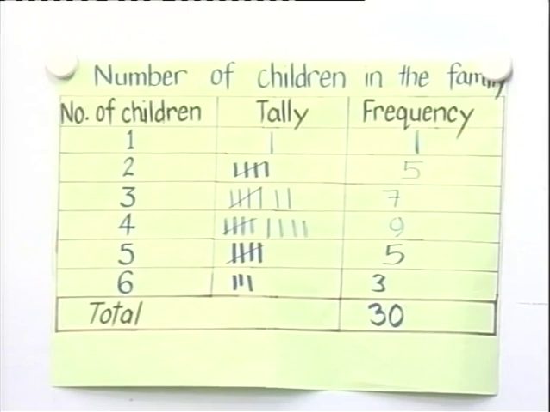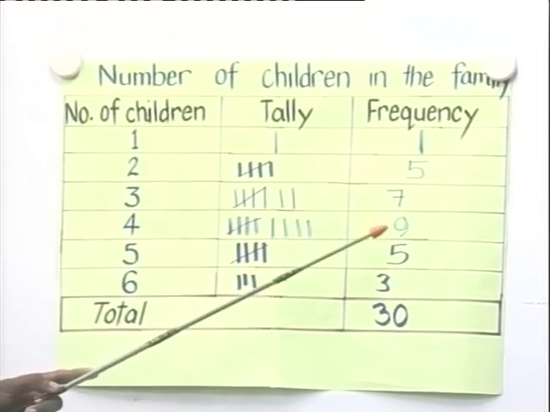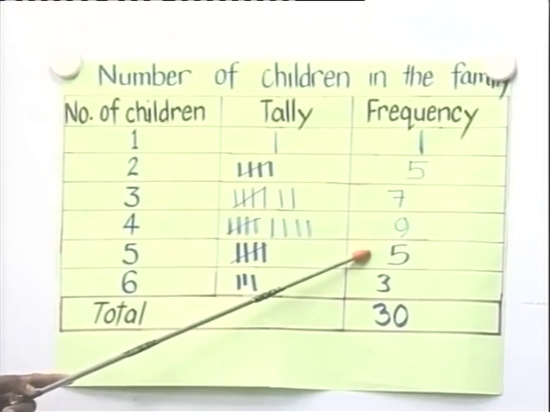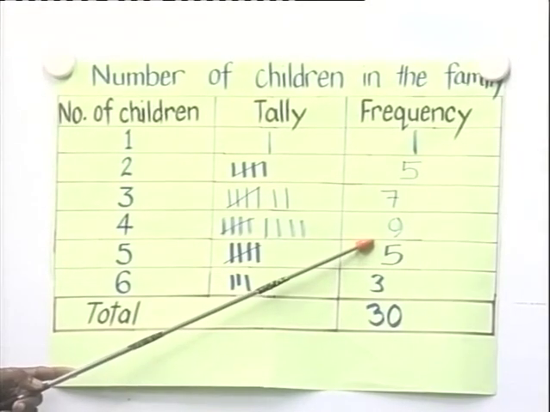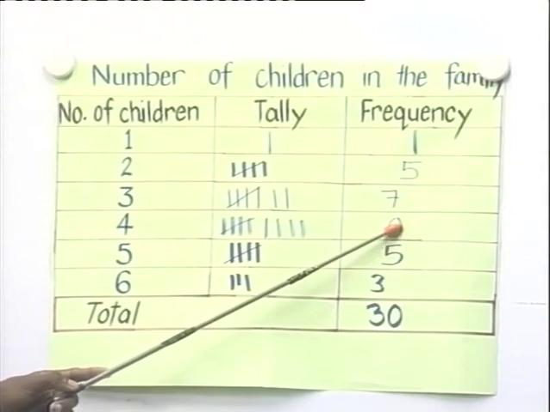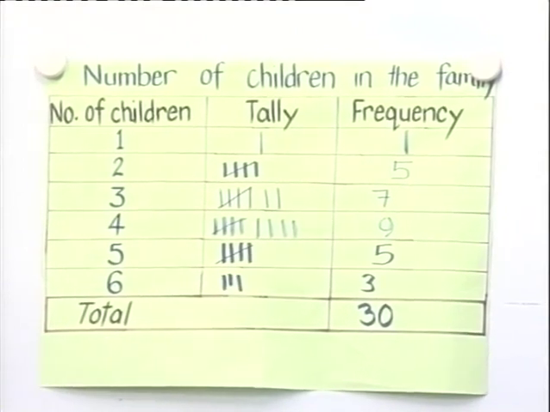Yes? Okay, let's have Katrina. Katrina? What does 9 mean here? The number of times a score occurs. Thank you.